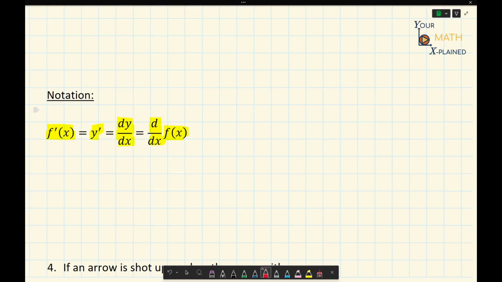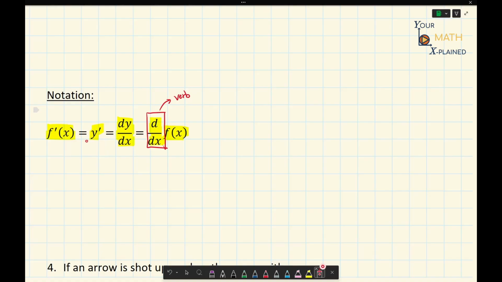The special thing to note here is that when we say d by dx, you can think of this as a verb. What this means is that it is the act of doing the derivative, whereas everything else we've talked about acts as a noun. For example, f prime of x means the derivative of the function f with respect to x.